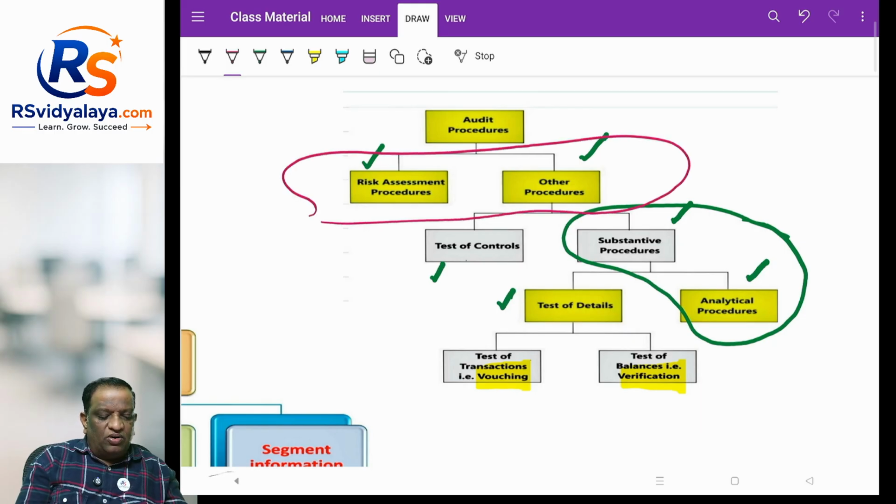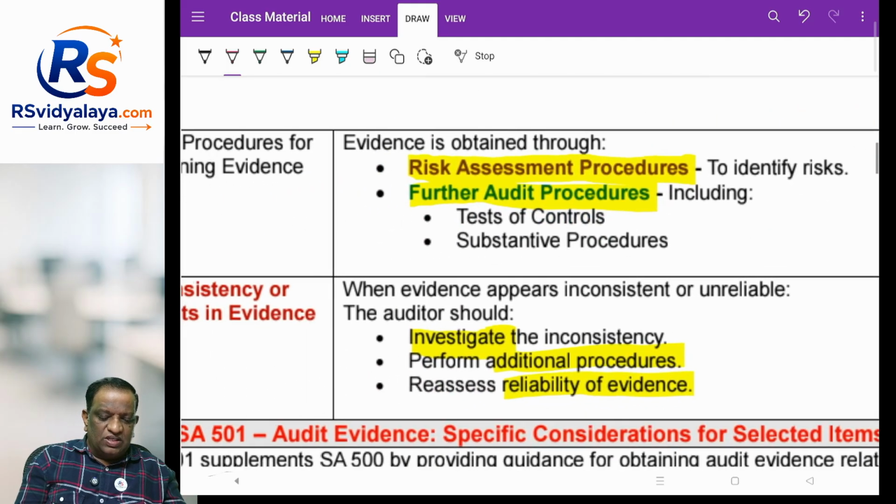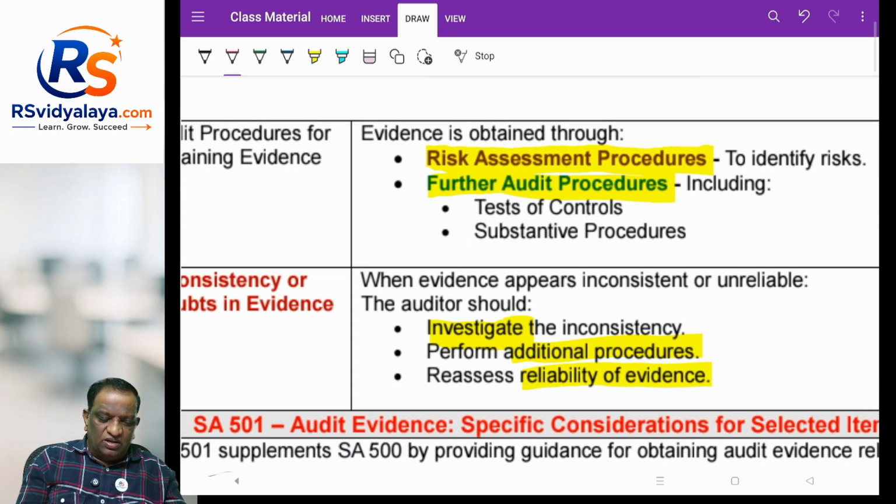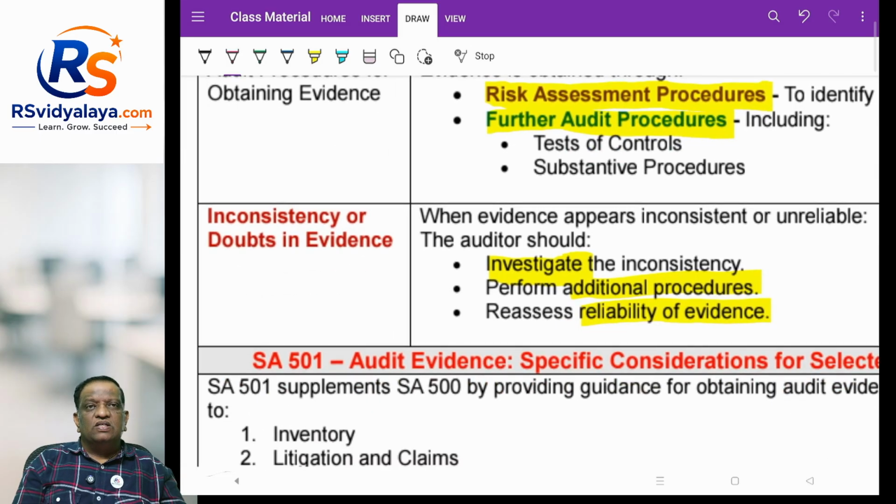How do I gather my audit evidence? You gather your audit evidence through two broad procedures. Either it is a risk assessment procedure or other procedures, which include all these steps. That is what he is trying to talk about, where in the diagram it is very clear how this is further divided. And then the last leg of it. What do you do if there is an inconsistency or you get any doubt on the audit evidence?